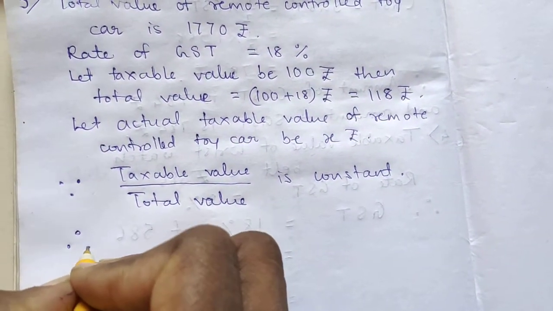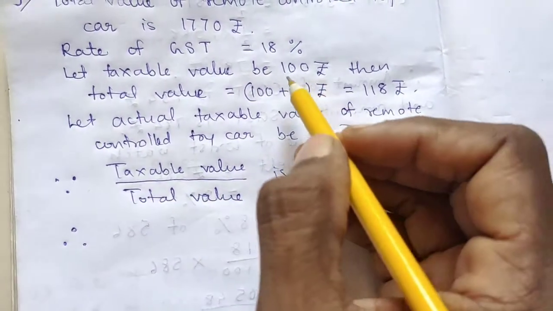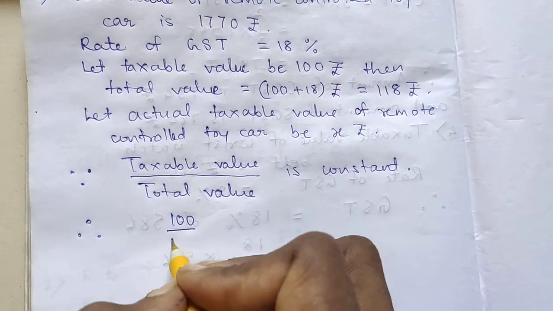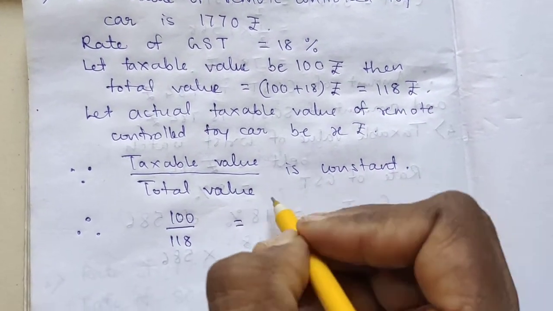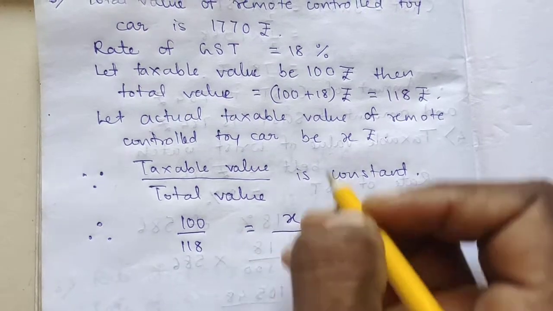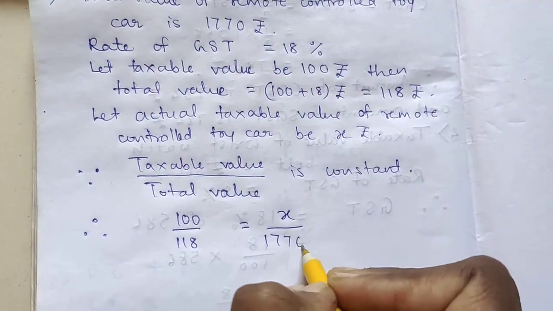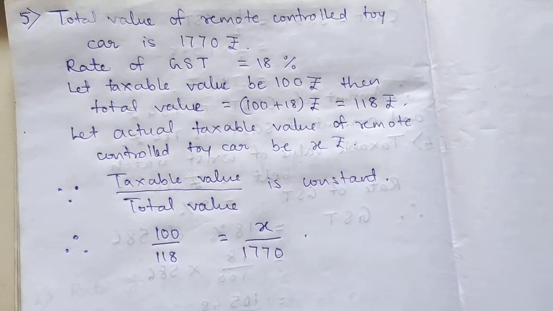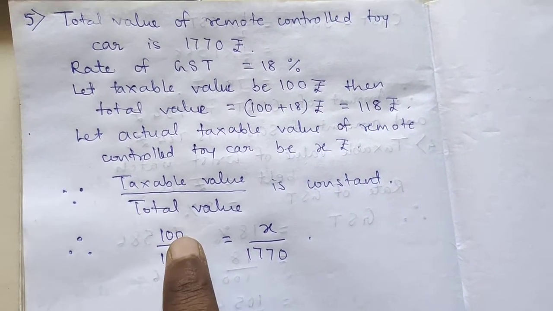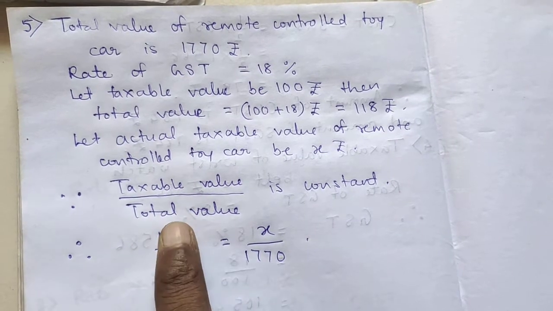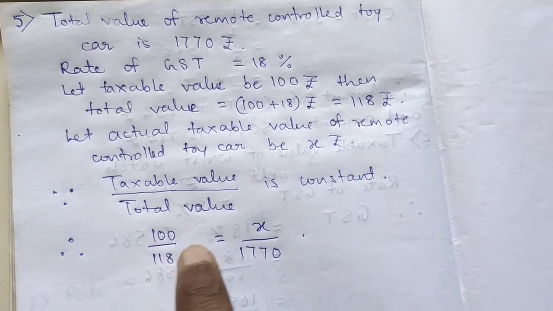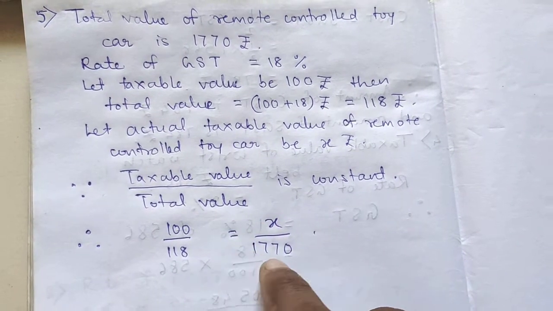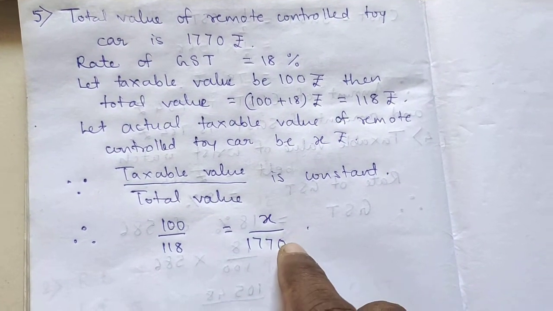Therefore, initially we have taken taxable value 100 rupees, and then we got total value 118 rupees. Now our taxable value is X and total value is 1770. See how we have written. First, taxable value 100, total value 118. Now our actual taxable value is X rupees and our actual total value is 1770.